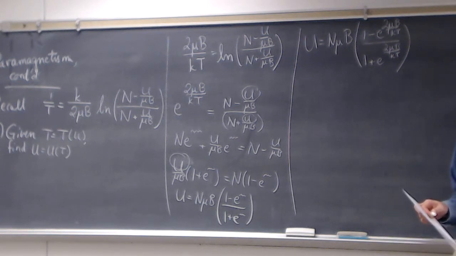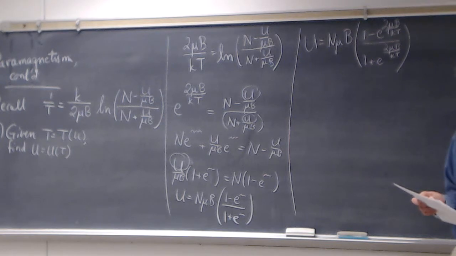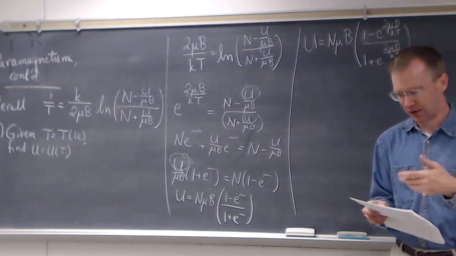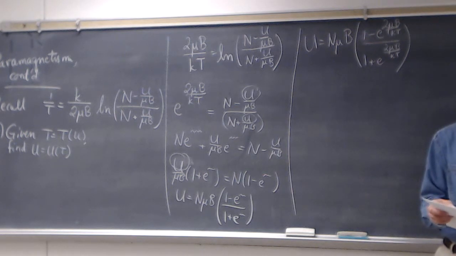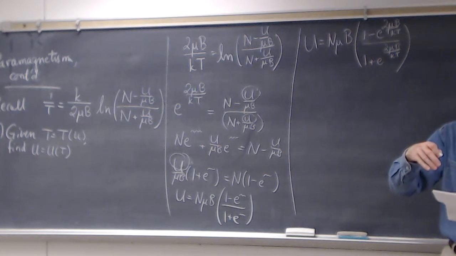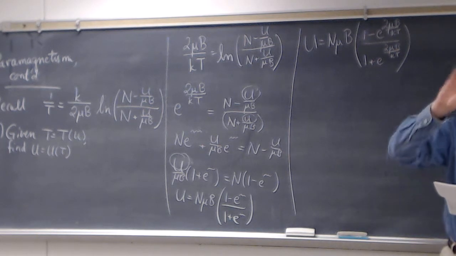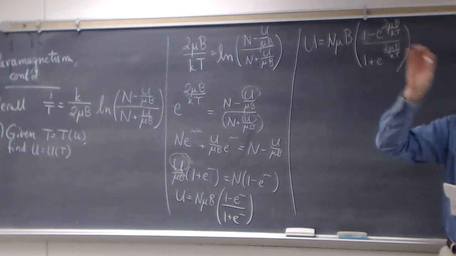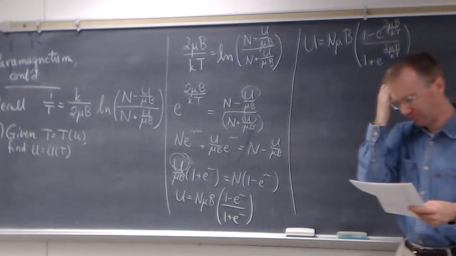Off the top of my head, I don't remember them, but oh yeah, sine of theta is i over 2, i being the imaginary number, times e to the i theta minus e to the minus i theta. Cosine is 1/2 times e to the i theta plus e to the minus i theta. And then you take the tangent, which is just sine divided by cosine, and you get this ratio with a difference of exponentials in the numerator, a sum of exponentials in the denominator.